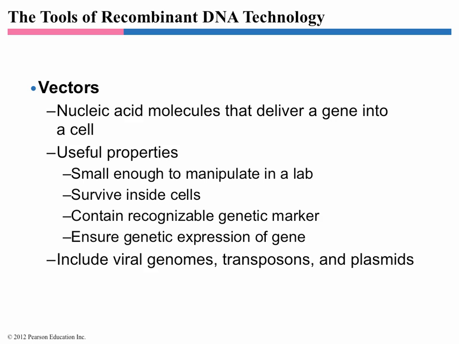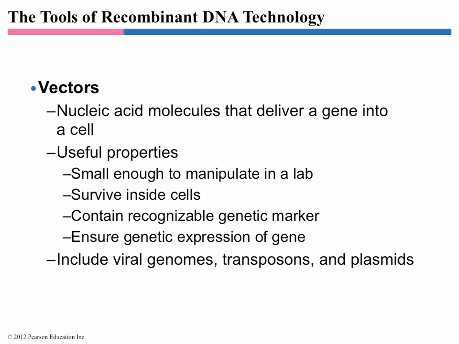And last, it's responsible for the expression of a gene. So it has to be able to control the expression of a gene. A lot of the things that we've talked about before are going to come together, and you'll be able to see a technological expression of a lot of the stuff that we've talked about.